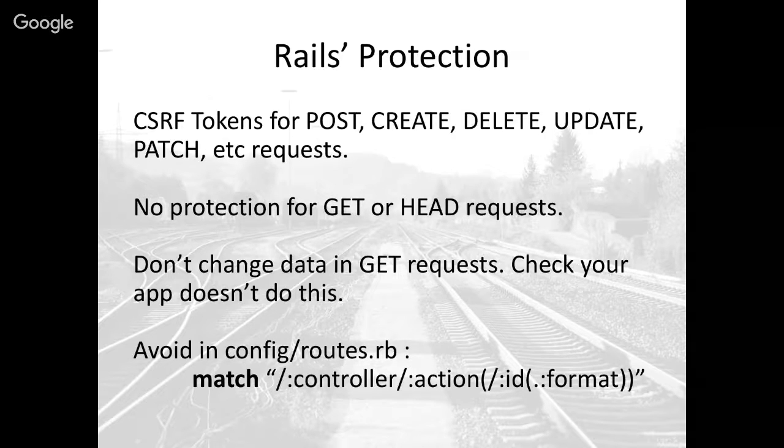The limitation of Rails protection here is that it makes certain assumptions, which are assumptions that are baked into the HTTP standard by which we talk to web servers. It says when we make a request, which is a GET request, in other words, all the data, all the parameters are in the URL, when we make one of these requests, we don't expect the page to go and start changing data.